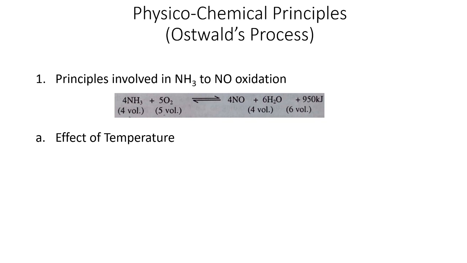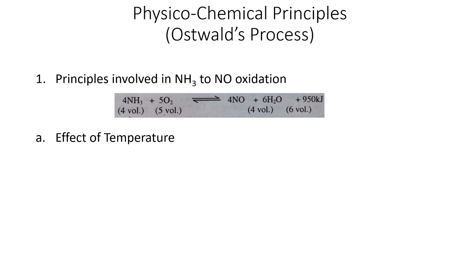Since the reaction is exothermic, it is expected that low temperature will favor this reaction. That is the expected one. But at low temperature, what happens? The rate of reaction becomes slow, so there is no desired quantity of yield.